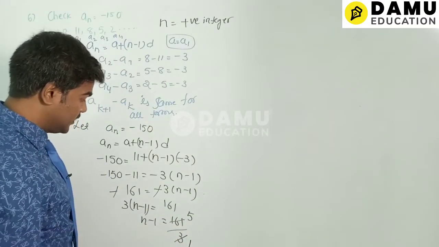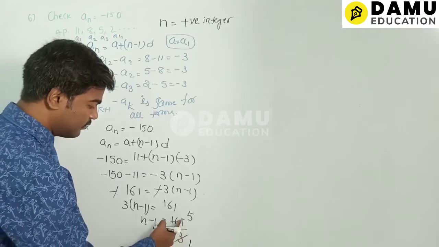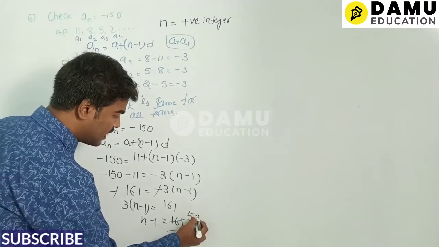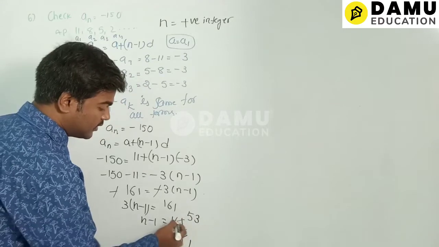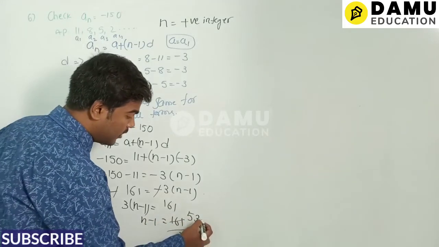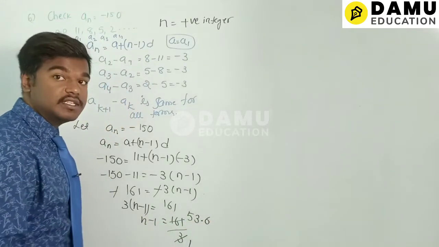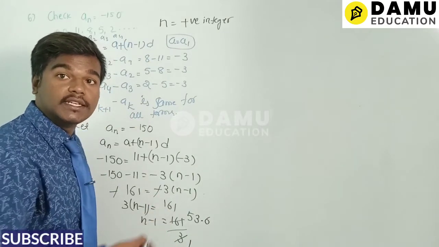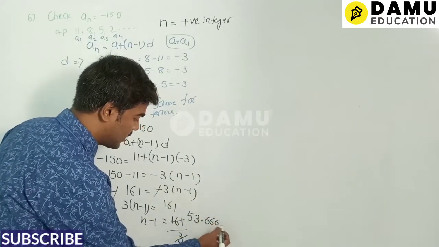Now dividing 161 by 3: 3 5s are 15, remainder 1; 3 3s are 9, remainder 2; then 20, 3 6s are 18, remainder 2, again 3 6s are 18, and so on.